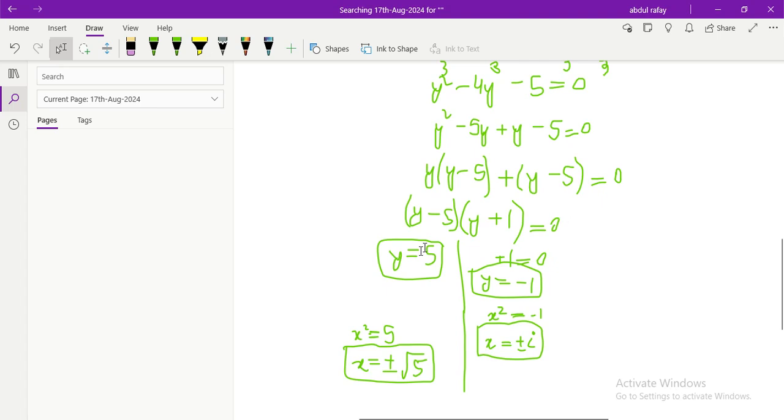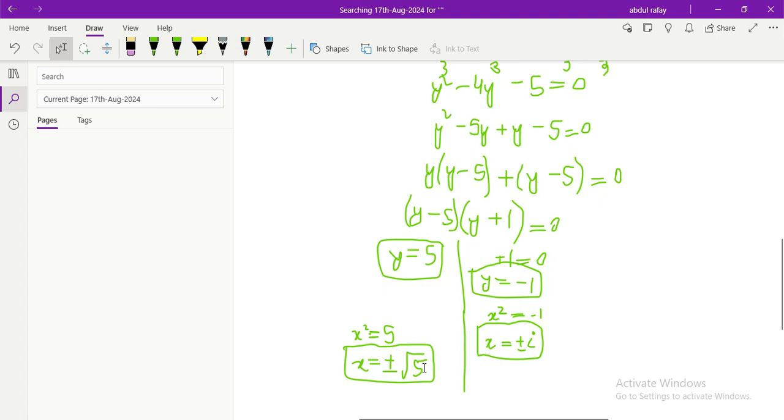Now you can see either or, and you can just rewrite y is equal to 5 and y is equal to minus 1. According to this, we have considered y equal to x squared, so I am just replacing y with x squared. So x squared is equal to 5, and then x is equal to plus minus root 5.